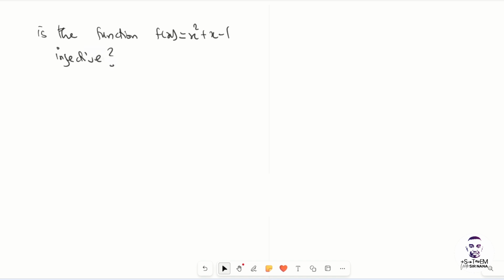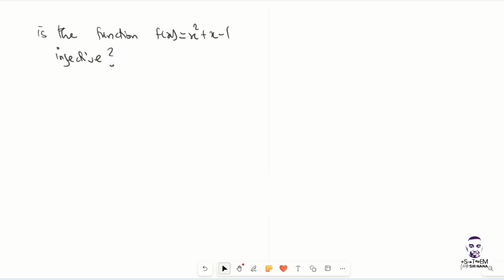So go through the same process and try and determine whether the function f of x, which is equal to x squared plus x minus 1, is injective by having f of x equal to f of y, substituting f of y in place of x, and equating them to see whether x becomes equal to y. And then put the response in the comment section.